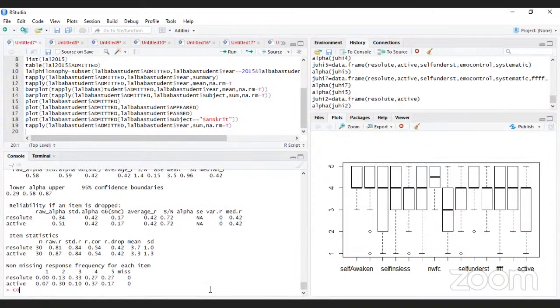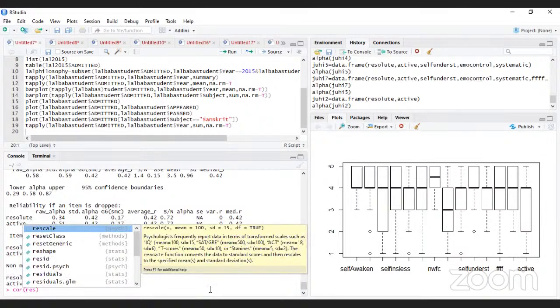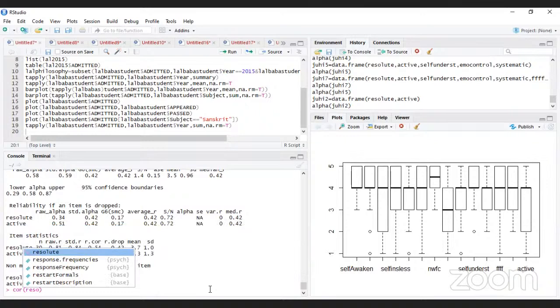If I write down cor, then resolute, comma, active.